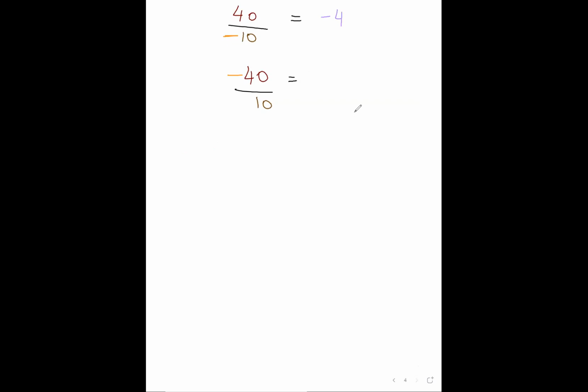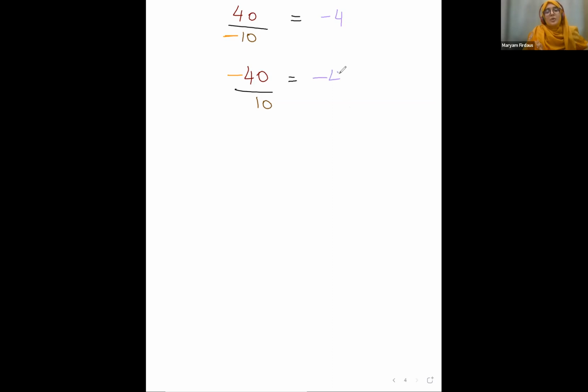Oh, I thought you said 14. Can you repeat that? I thought you said 40. So I thought you said 1-4. Okay, what is -40 divided by 10? Just remember what you did over here. -4. Yeah, very good. -4.